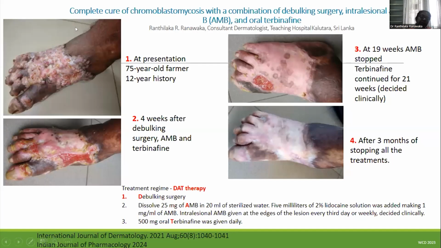So he requested us to amputate the foot. He had been on treatment for 12 years, not with us, but ultimately he came to Kalutara. But the orthopedic surgeon said, no, the joint is perfect, I can't amputate.